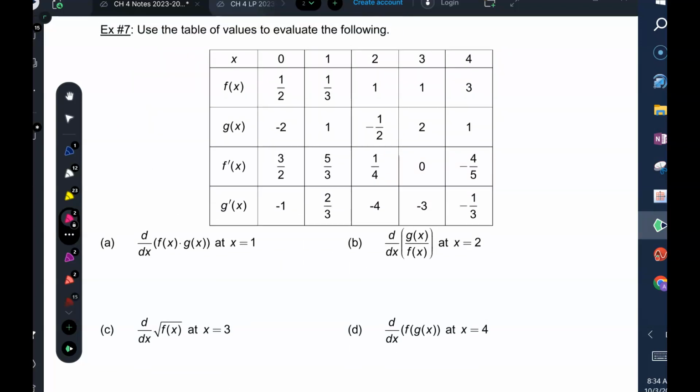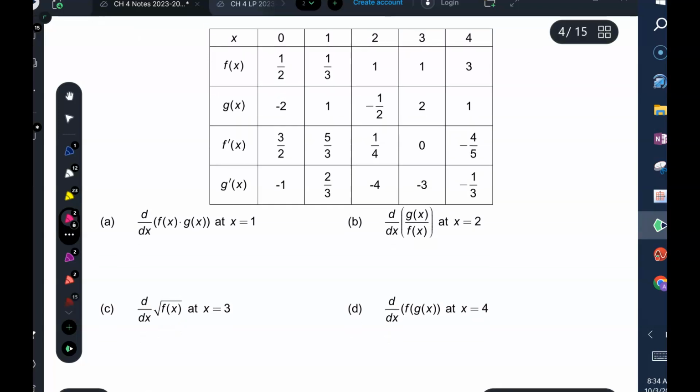Okay. So we want the derivative of f of x times g of x at x equals 1. So that's just the product rule. The first one doesn't actually use any chain rule, right? So it's just going to be f prime of 1 times g of 1 plus f of 1 times g prime of 1. Good with that?